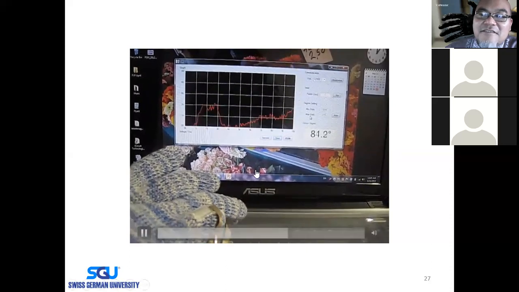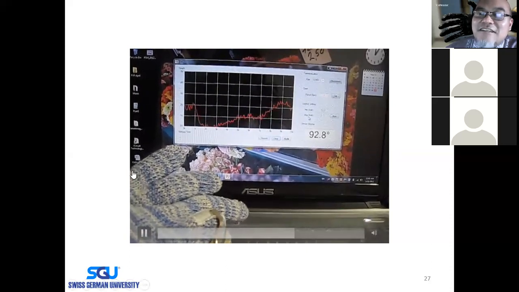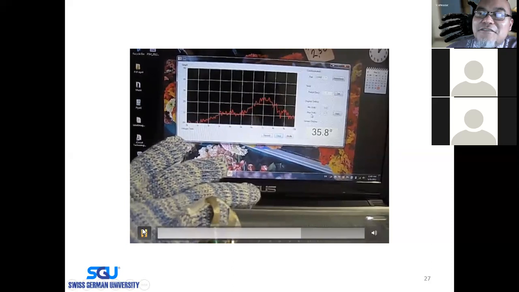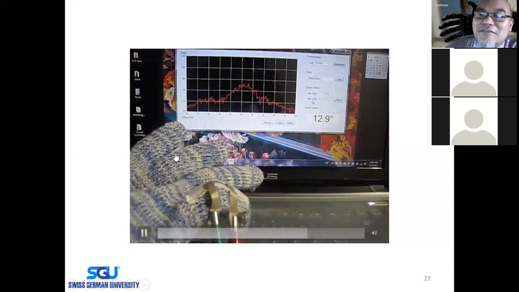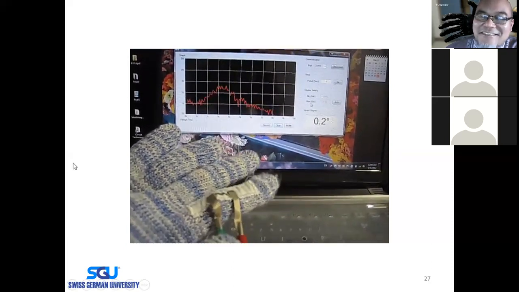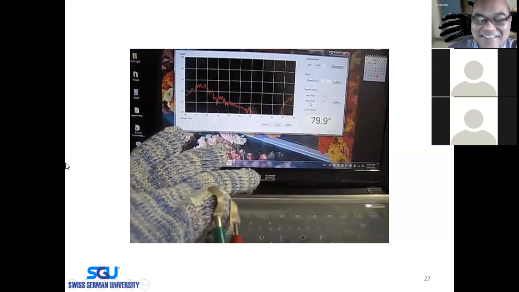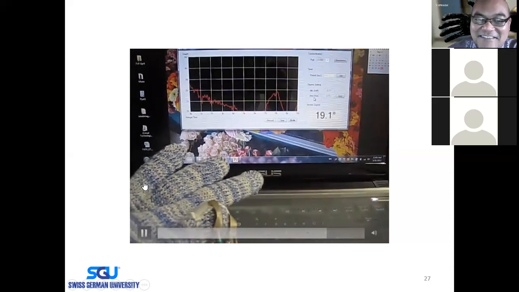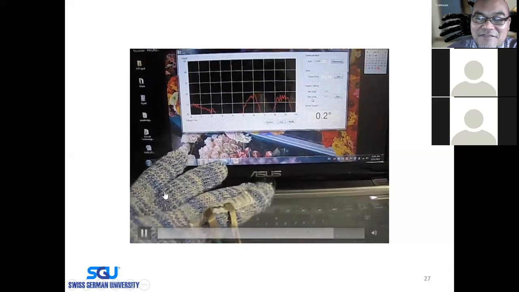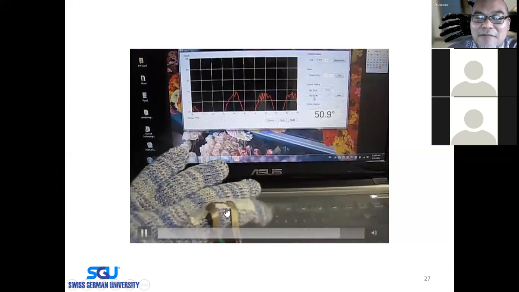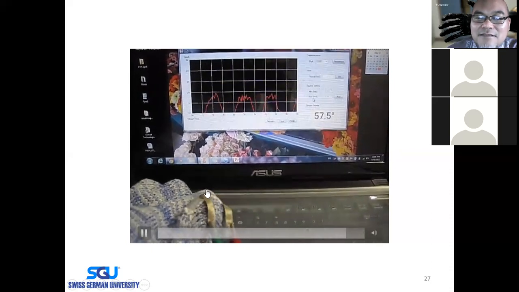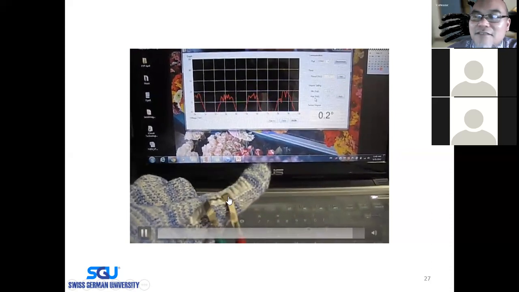Again, this is undergraduate work, not work by a PhD or master student. No, undergraduate like you. This uses silver nanoparticles patterned along the axis of the finger.